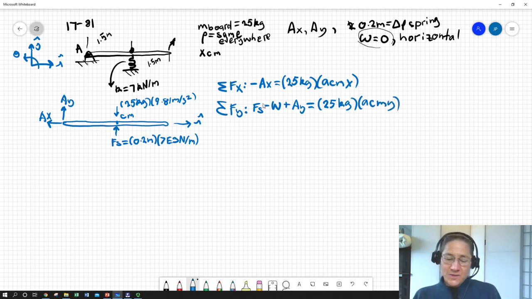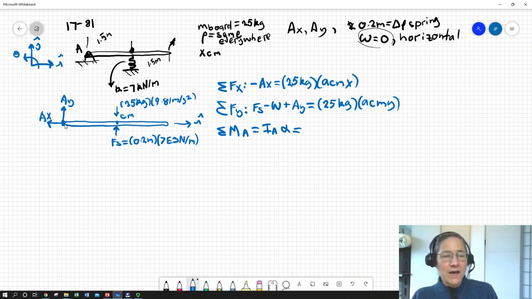Now I have a moment expression that I can look at, and again, as I did in our previous problem in this little mini lecture set, I'm going to take the moment about point A in this case. So I'm going to end up needing to get a moment of inertia for a rod about its end. So I can say the sum of the moments about point A equals IA times alpha.